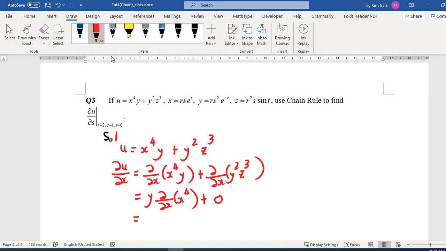That's why ∂u/∂x is 4x^3 y. So this is ∂u/∂x.